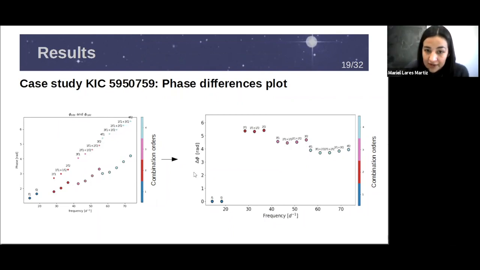And this is the argument of the gamma functions. The y-axis is from 0 to 2 pi, so it's a cyclic axis. So this is not really a discontinuity. 0 is the same as 2 pi.